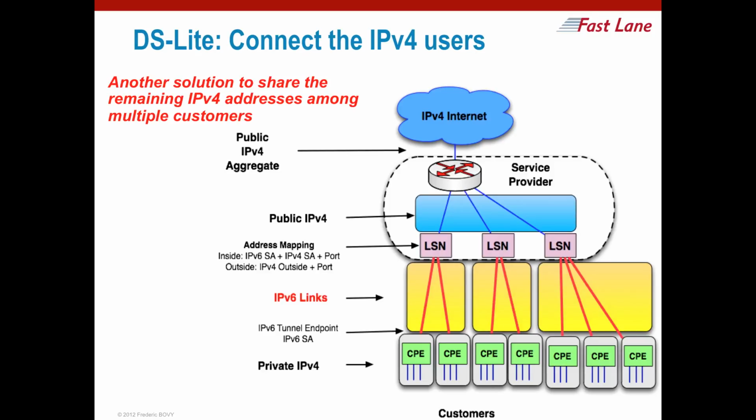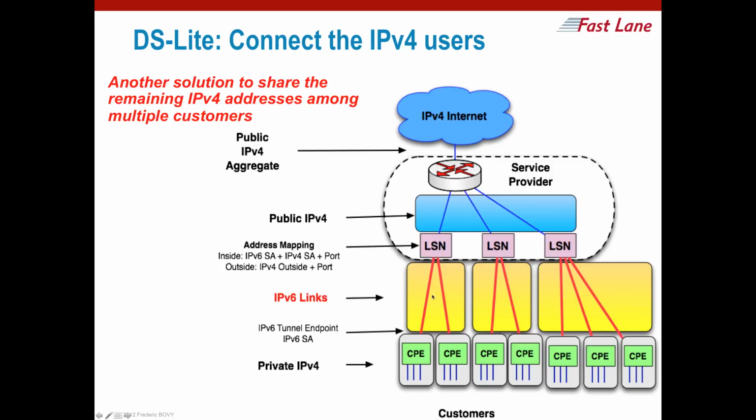Alright, so another solution is DS-Lite. DS-Lite is not such a bad solution. It also has the problem of carrier grade NAT, because again, with the LSN, the translation of private addresses is done at the service provider backbone. But here, the CPE is not doing NAT, and we are running an IPv6 link with the service provider.